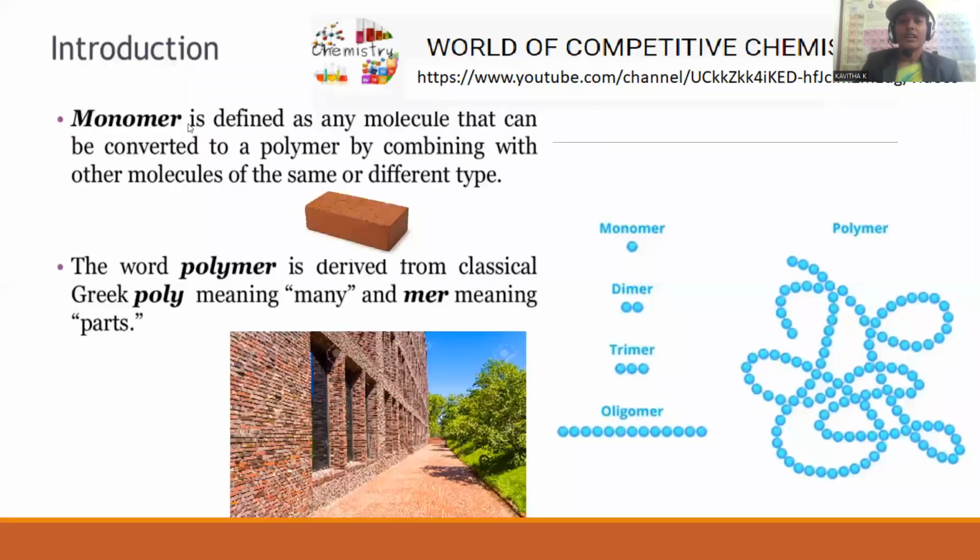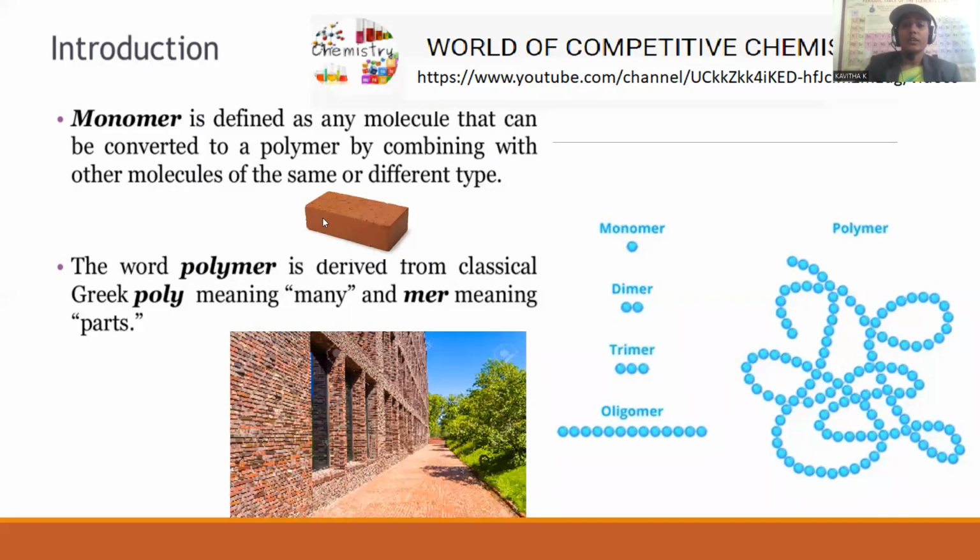Let us see. A polymer starts with a starting material called a monomer. A monomer is defined as any material or molecule which can be converted into a polymer by combining with other molecules of the same or different type. Mono indicates a single unit, the starting or fundamental unit, which gets combined to give a larger one.